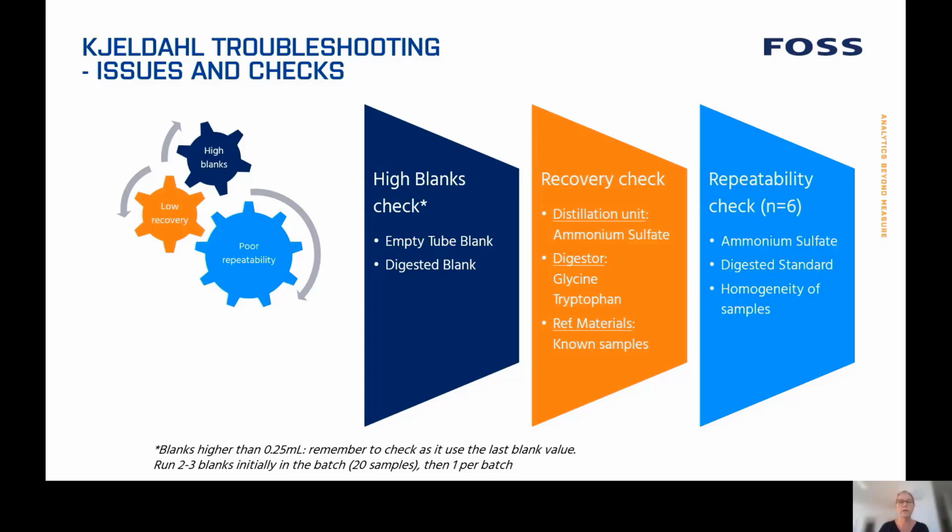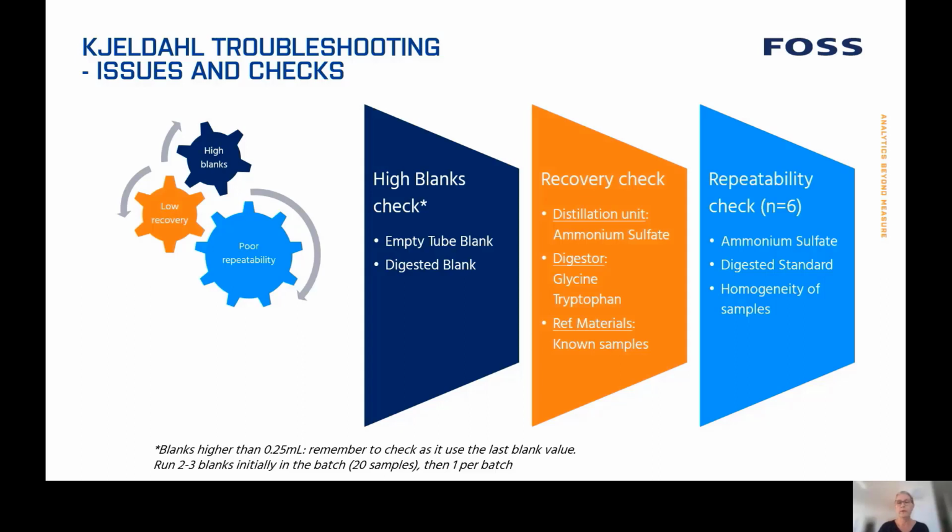If you have issues with low recovery, then you can do a recovery check. For checking the distillation unit, you can use ammonium sulfate. To check the digester system, you can use tryptophan or glycine, or you can use a reference material, that is, known samples with a known value, to run together with your samples to see that the analysis is done in the right way.